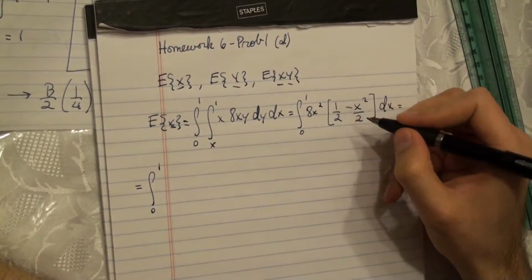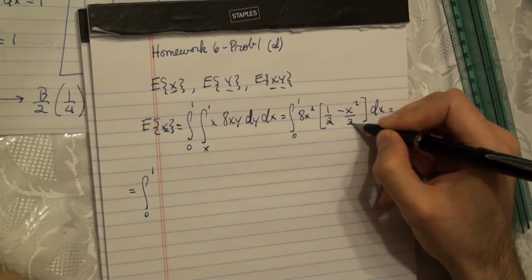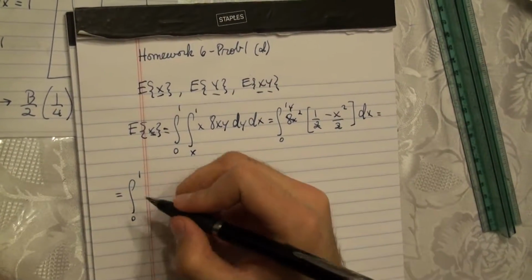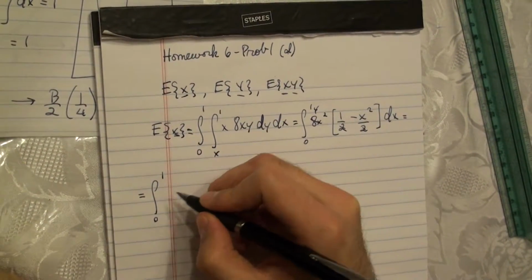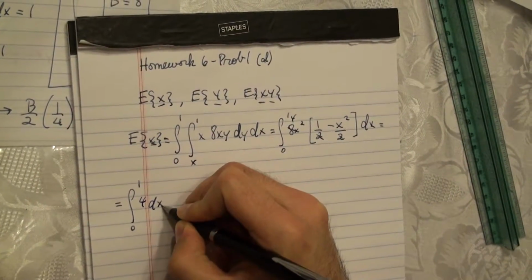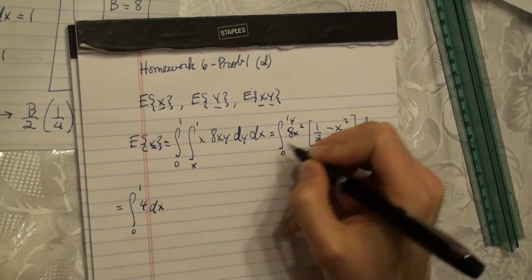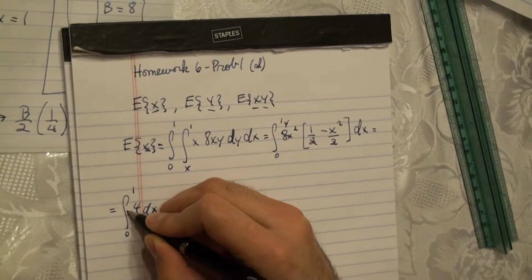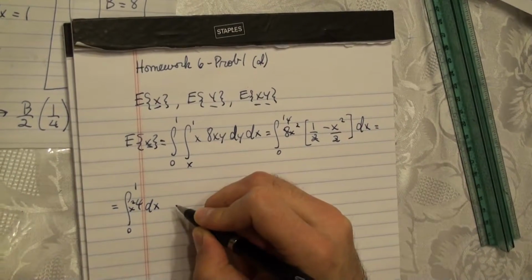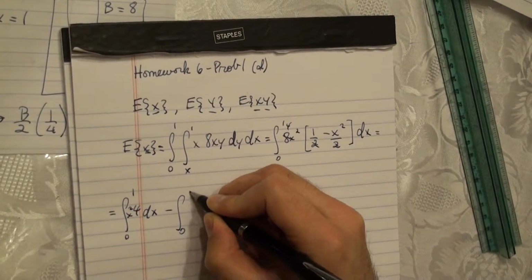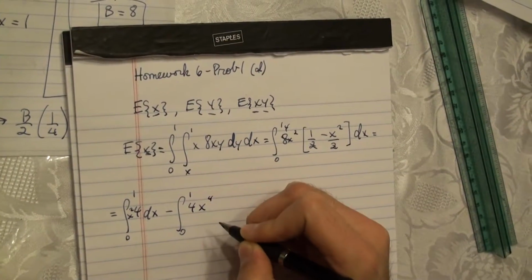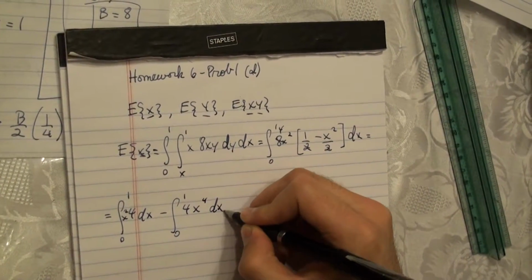And now we have the integral 0 to 1. Let's do this, sorry. We take out the 2's, make this a 4. So we're going to have integral of 4x squared, minus the integral from 0 to 1 of 4x to the 4th dx.